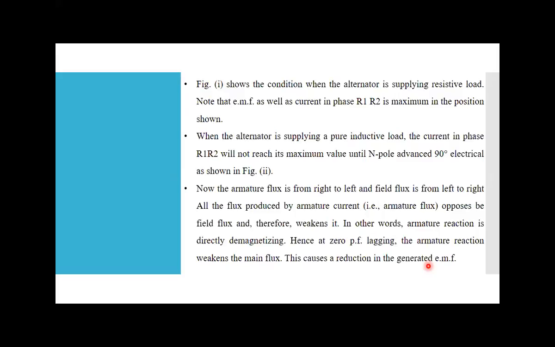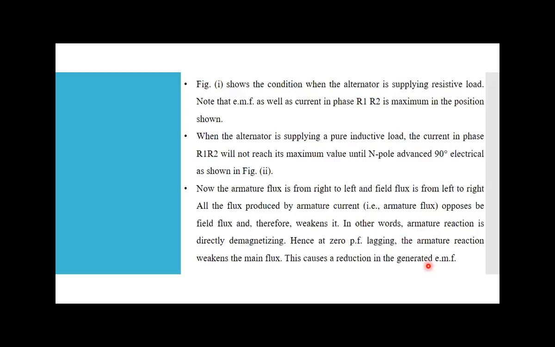4.44 is constant. Then there are 3 or 4 things we have to be aware of. TPH, the total number of conductors. Once your armature or alternator is designed with 1700 conductors, it remains constant all the time. So your TPH is also constant. KP and KD: the distribution factor depends upon beta and M. M is the slots per pole per phase. Your phase count is constant, 3.